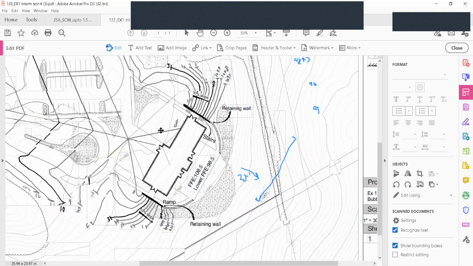No, it doesn't need to be. It's up to you. Okay, so I could make it something else, because this is a really large space to be all impervious. I guess I could probably come up with some kind of design.